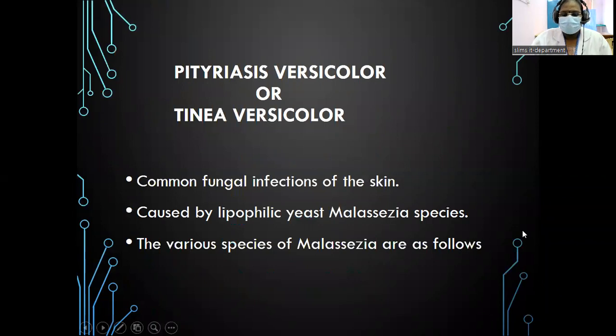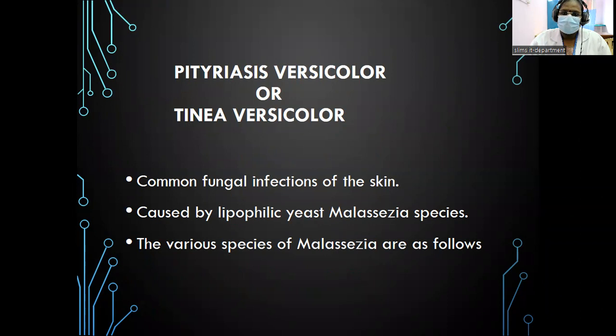Pityriasis versicolor, previously called Tinea versicolor, is the term now used. Pityriasis literally means bran-like, and versicolor means different colors. It is one of the superficial fungal infections of the skin caused by the lipophilic yeast Malassezia species.